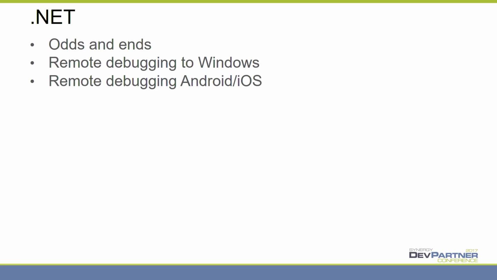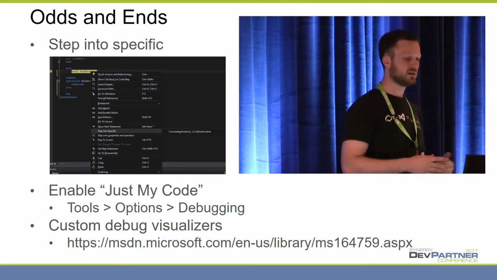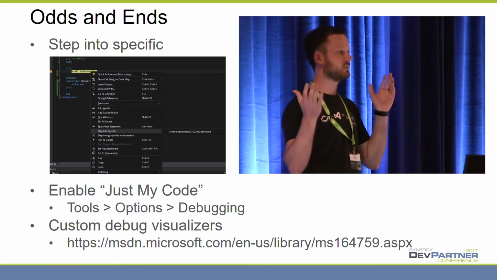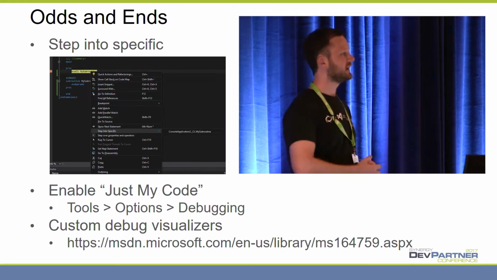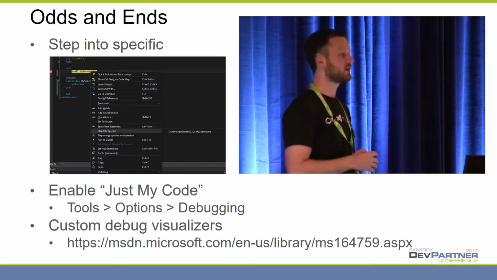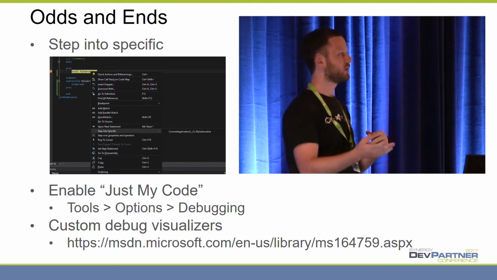Now a little bit of extra goodies for people who are debugging in .NET specifically. One of the things that not a whole lot of people back at the office in Synergex necessarily knew about until recently was a handy feature called step into specific. So if I have a method call, function call, whatever, and there are dozens of calls in the argument list, in order to produce argument 1, it's calling a method or a property or something like that.